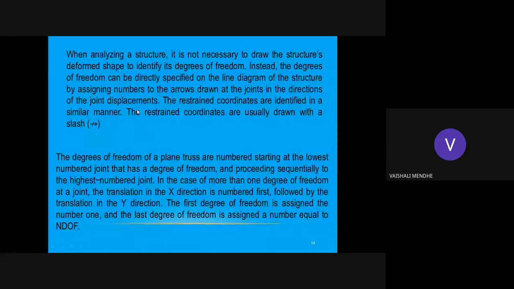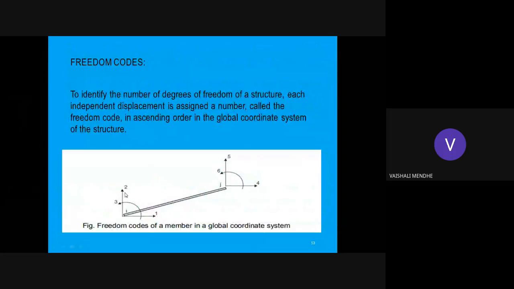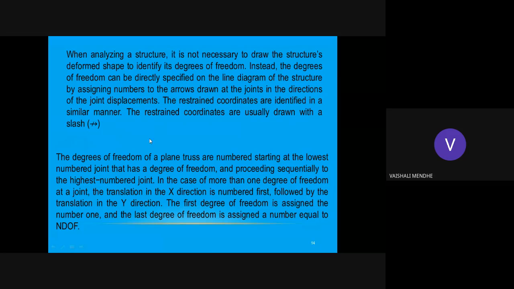Just like this figure I have shown, we show the displacement in the line diagram. We are not plotting the deformed shape of the structure, and it is not possible every time.